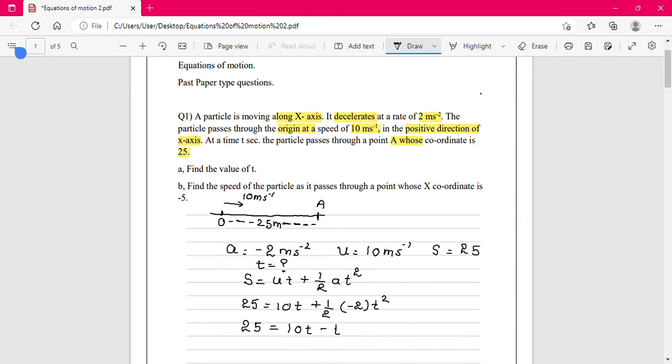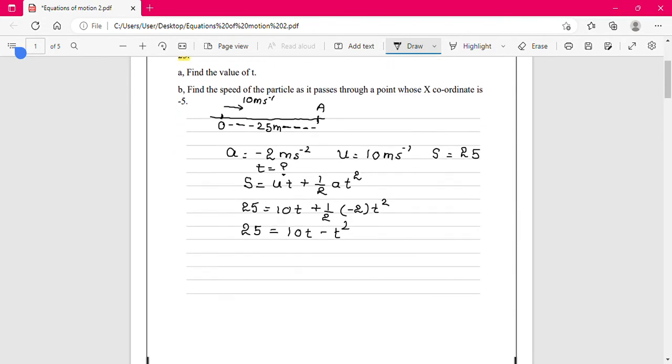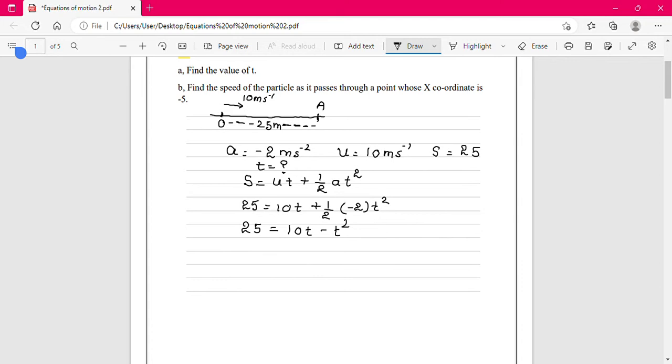minus T square. So get this in the standard quadratic form, which is T square minus 10T plus 25 equal to 0. As you can see here, this is nothing but t minus 5 the whole square.